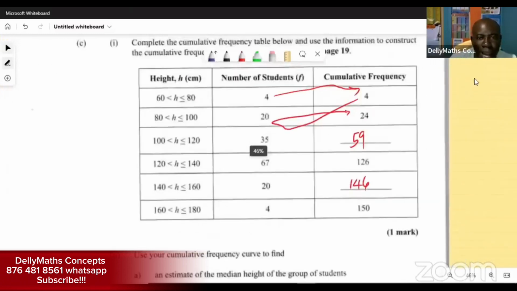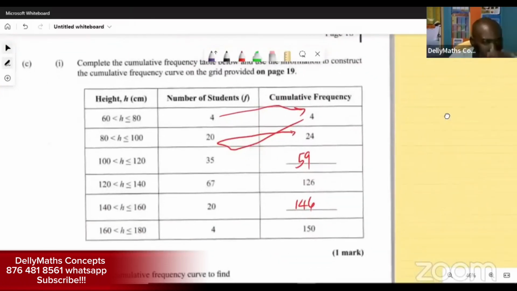We completed that. It's only two little things they gave us. From that, they're asking us to now plot the cumulative frequency curve. We're just going to plot 120 with 59 and 160 with 146.